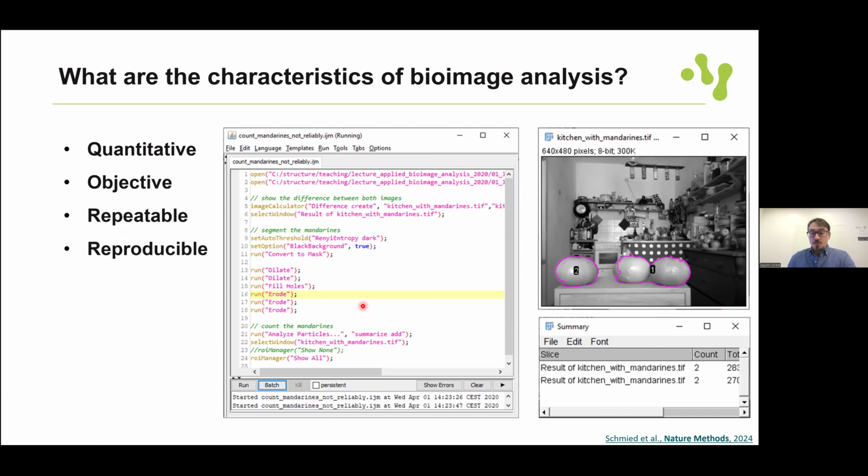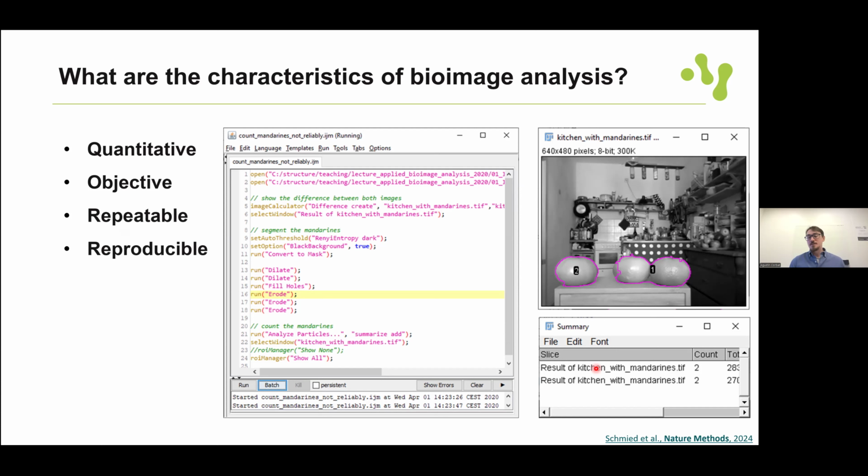But something important that we have to highlight here is that even if the pipeline does not seem to be yielding the right result, as you can see here, we try to count the number of tangerines in this image, and the pipeline says there are only 2 tangerines. We repeat the analysis and we always get the same value. This means it's reproducible.